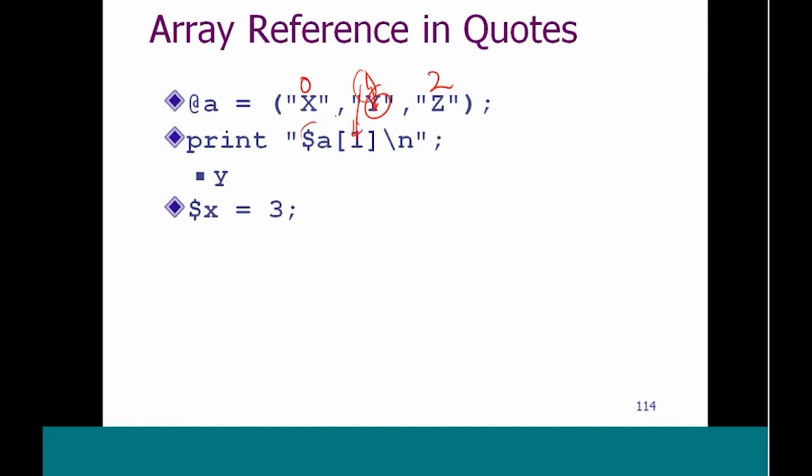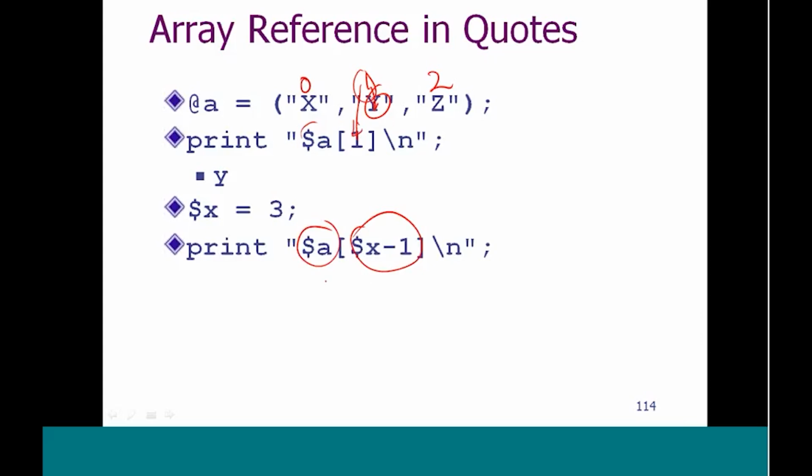Now let's see another case. $x is defined as 3, and then $A[$x - 1]. What do you think this should print out? In this case, this is first evaluated and then it interpolates for the array value.